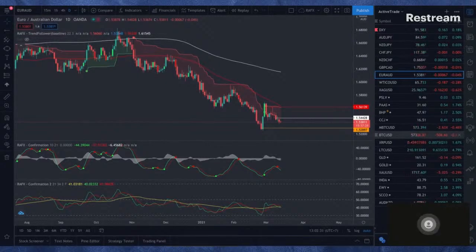because the indicator is telling me that there's still a probability that the selling pressure for this pair will prevail.